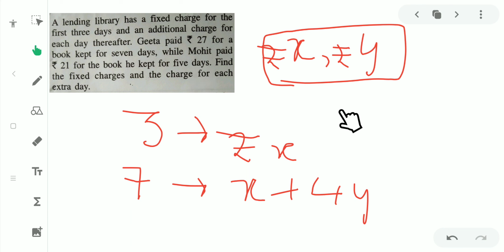And next it is given 5 days. So x is for 3 days, and if you want 5 days, after 3 come 4 and 5, 2 days are remaining, and each of those 2 days costs y rupees.